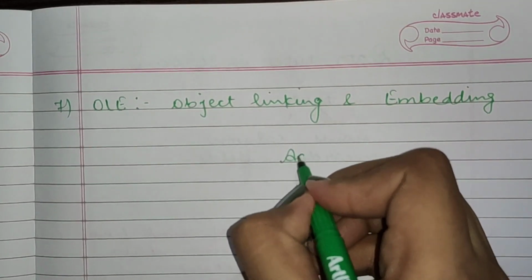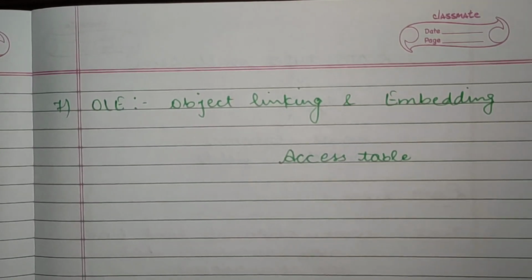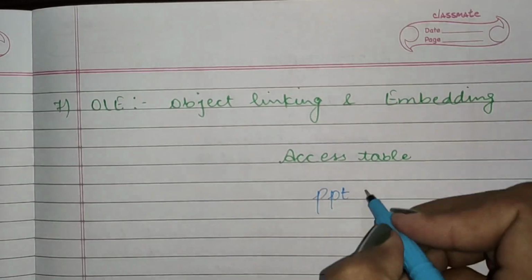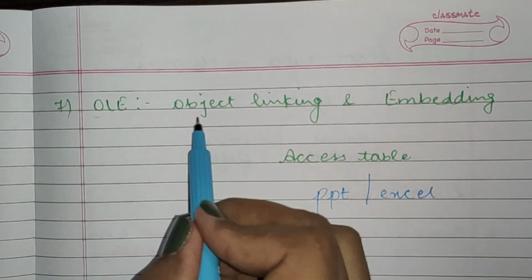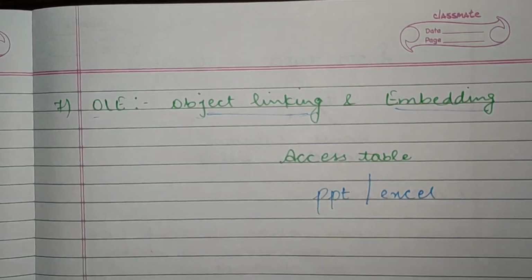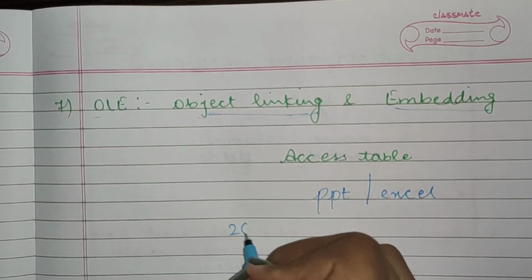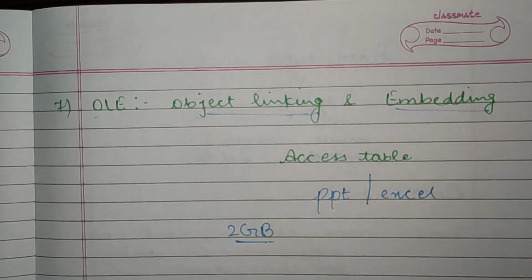That is known as object linking and embedding. Its maximum limit is 2 GB. It can embed 2 GB of data into it.